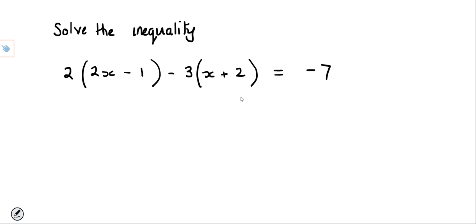Expand the brackets, and then collect the like terms, and solve with an equals. But instead of an equals, I'm just going to put a less than or equal to sign. And then I want you to show me your answer on a number line. Okay? Talk me through it. What do we do?